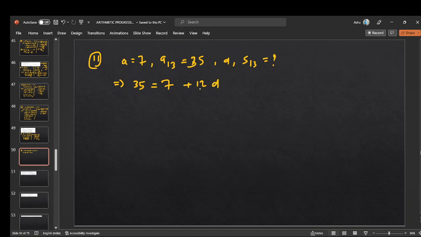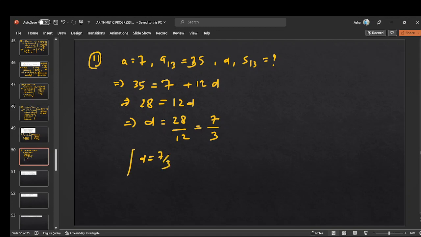We don't have information about d. Now 35 minus 7 is 28. Here 12d, then d will be 28 by 12. 4 sevens are 28 and 4 threes are 12. Then we can say d will be 7 by 3. Clear?